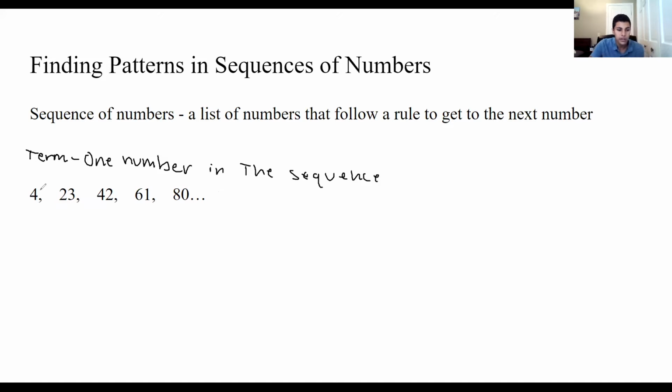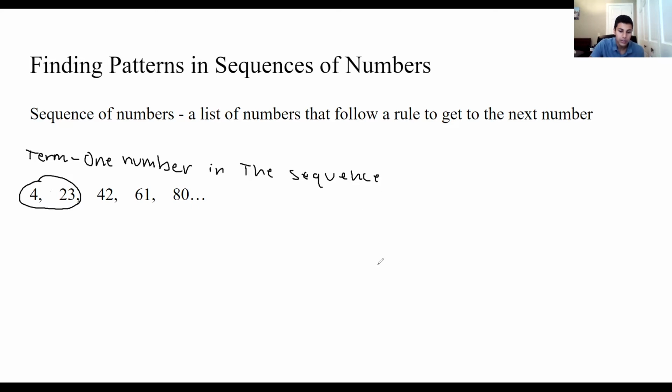So let's try to figure out the pattern in this sequence of numbers. Since it's the same pattern to get from one number to the next, let's first look at these two numbers and see, is there any specific pattern to get from 4 to 23? Well, I can't really multiply 4 by anything. It's not an obvious multiple of 4.